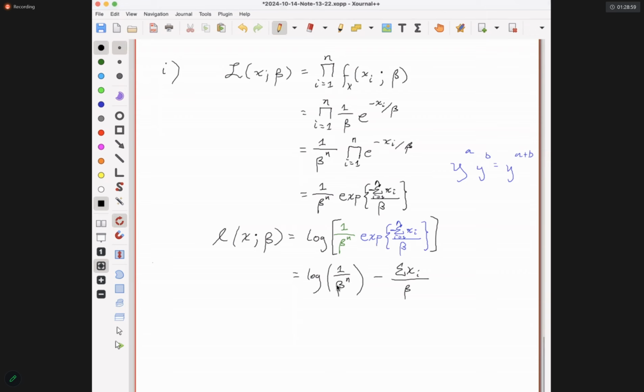So how do we simplify this log 1 over beta to the n? Does it help if I write it as beta to the negative n?